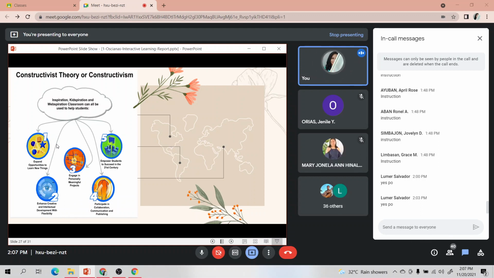So, obviously, their outcomes are better, no? But that is only in the virtual mode. And then fourth, participate in collaboration, communication, and publishing. And then last, empower students to succeed in the 21st century. So since we are now in the digital era and our students belong to the 21st century learners, constructivist theory can really help them.